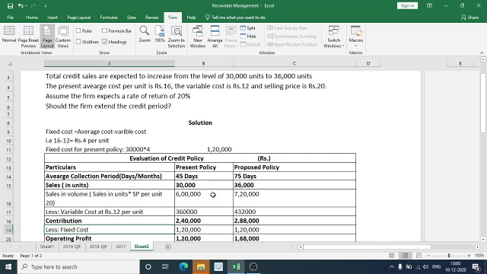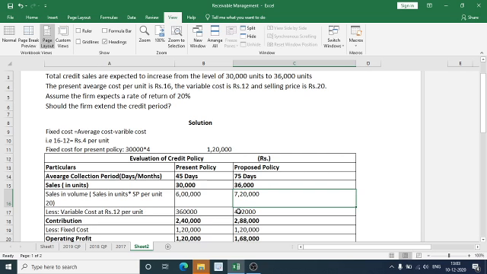So if you multiply units into selling price per unit, you will get 6 lakh for present policy, and for proposed policy you will get 7,20,000. Next, less variable cost, given in the problem as 12 per unit, so you will get 3,60,000, that is 30,000 into 12.